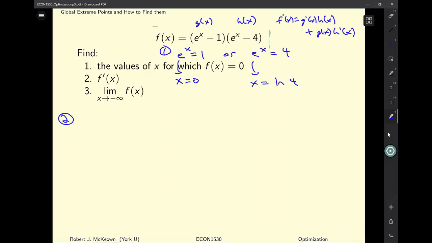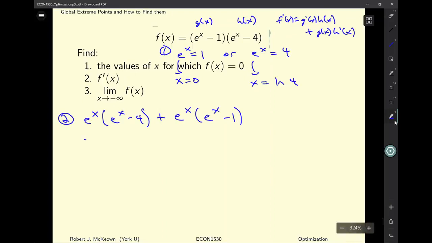And when I take the derivative of this thing, I'm going to have e to the x times 1, just itself, multiplied by e to the x minus 4, plus the derivative of the right-hand side factor, which is just e to the x, multiplied by e to the x minus 1.